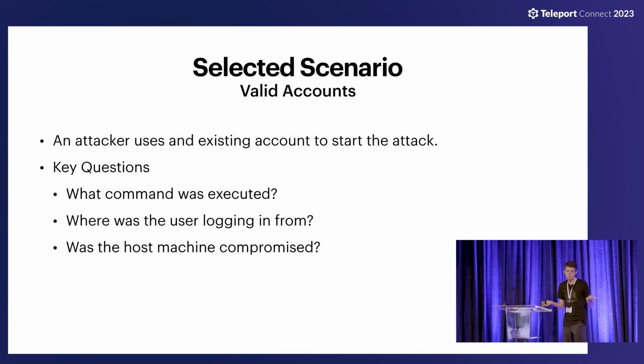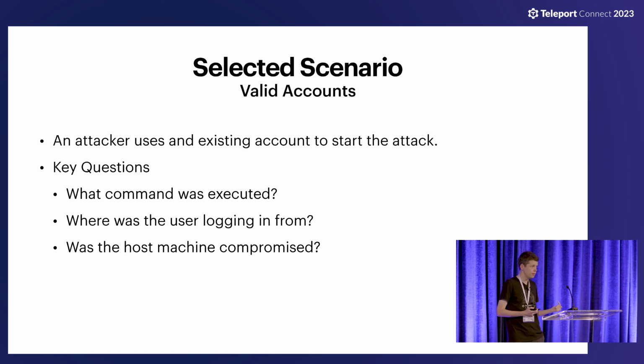So let's make the assumption that an attacker used an existing account to start the attack. I don't know, maybe they plugged in a flash drive that had some malware and that copied all their cookies off to a remote server. The key questions that I would be asked at this point are, well, one, what did they actually do? What commands were executed? What things happened? Number 2, which is really critical, is where was that malicious user coming from?